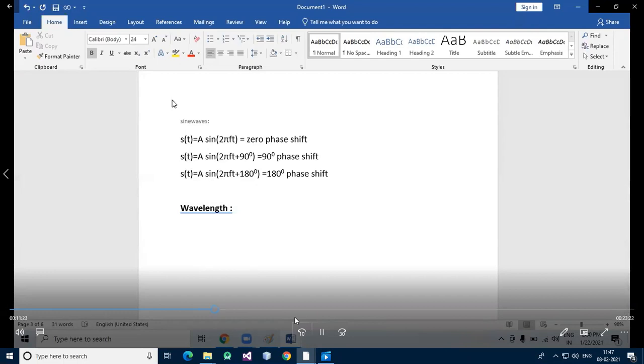Wavelength relates the frequency of sine wave with the speed of propagation as follows. So here you have to write wavelength, W, is equal to propagation speed.